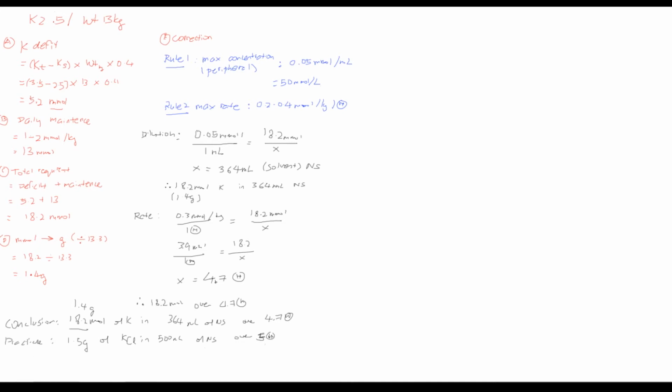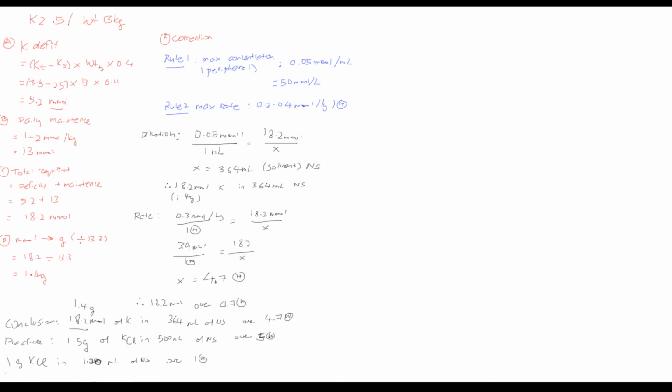This is the actual calculation required to get the correction. But just to make it easier, in adults, let's say 70 kg or 60 kg adults, the common practice is just to give 1 gram of KCl in 100 mils of normal saline over 1 hour.